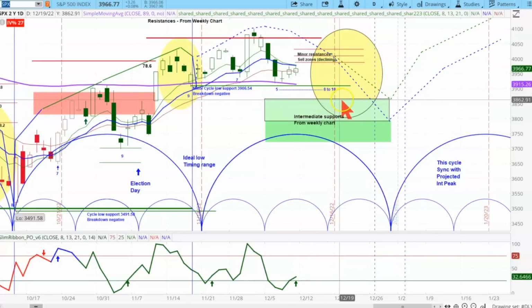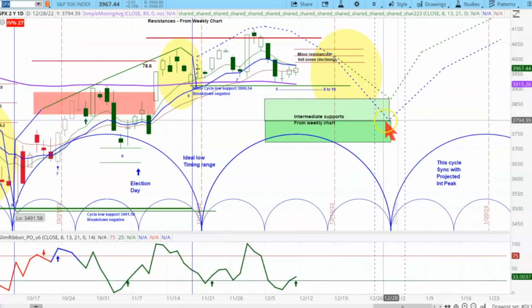That is the top of this support zone right over here, which is at 3865 on the SPX. So it's 386 or 3865. And the middle of that right there is at about 3792. Either of these could be where this declines to towards the end of the year.